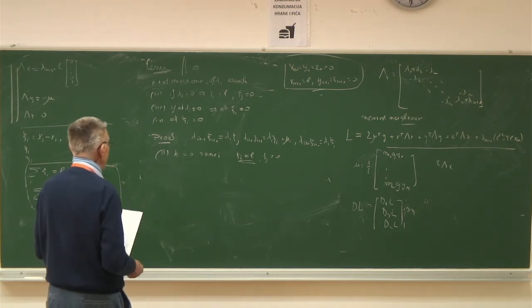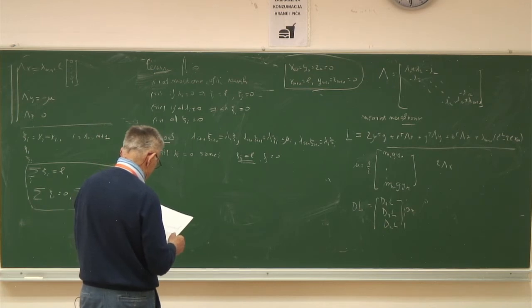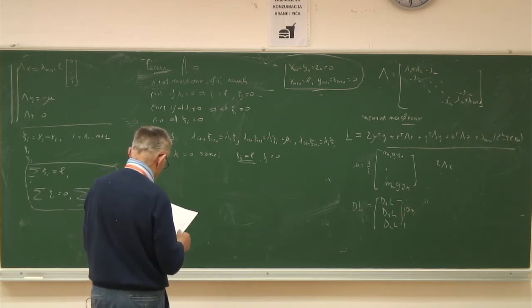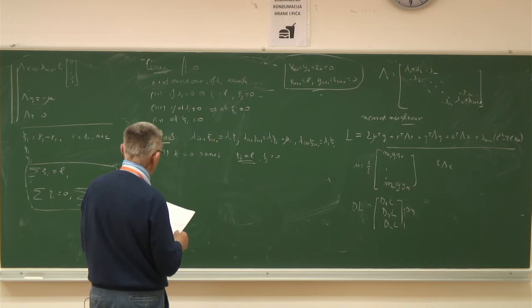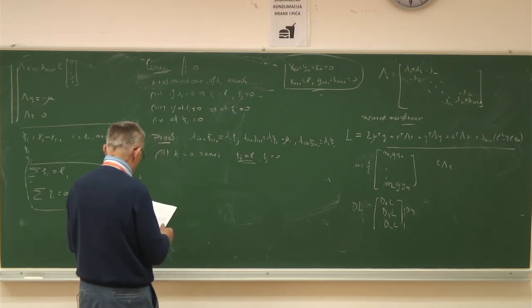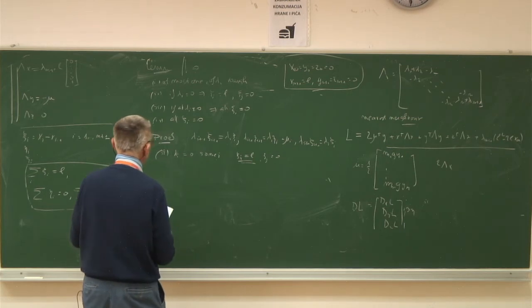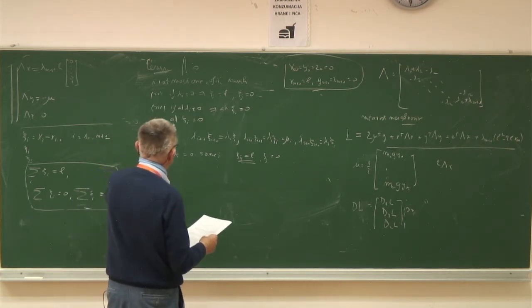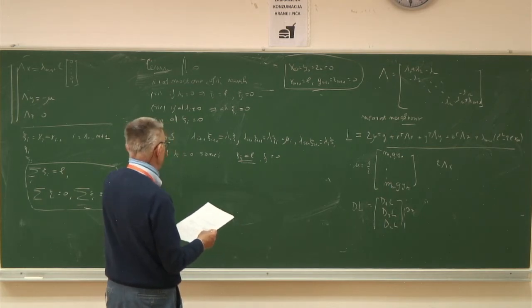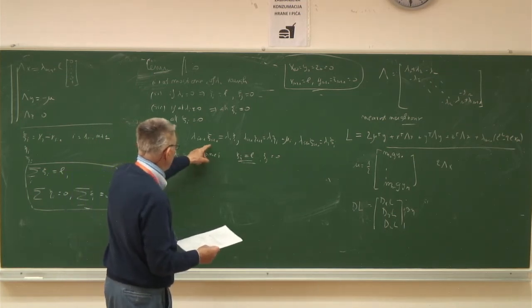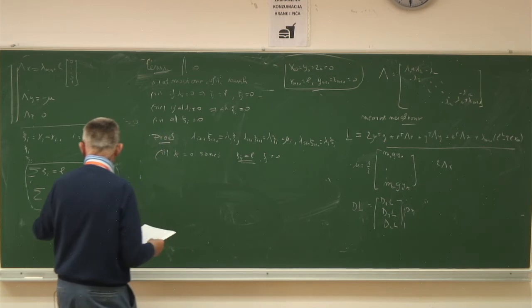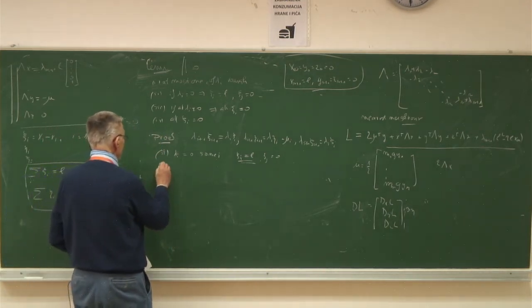If all of them are different from 0, then, if you would have some xi to be 0, and all lambdas are different from 0, well, then you will have that all of them vanish, which is a contradiction to this one. So this proves 3.